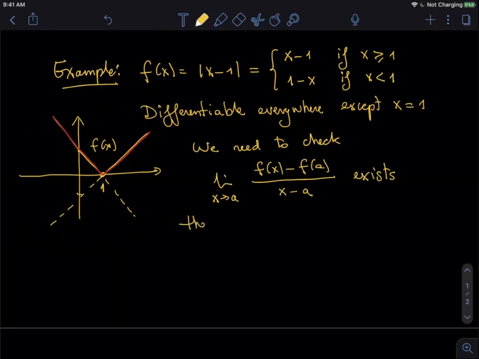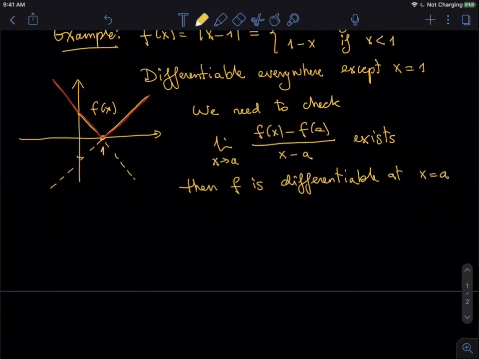then f is differentiable at x equals a. So let's do this.